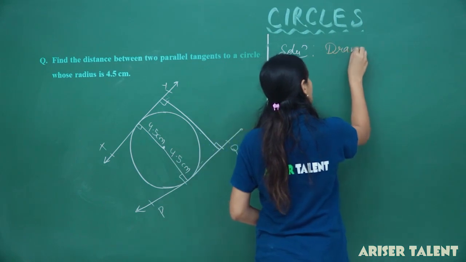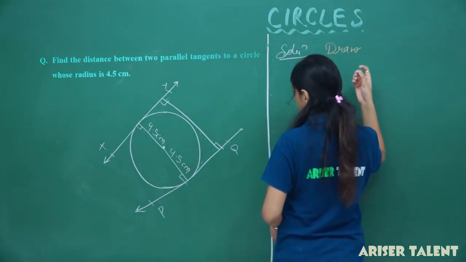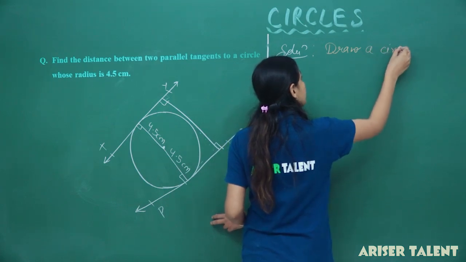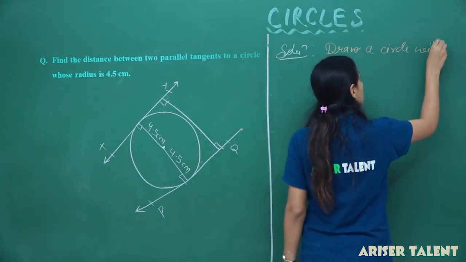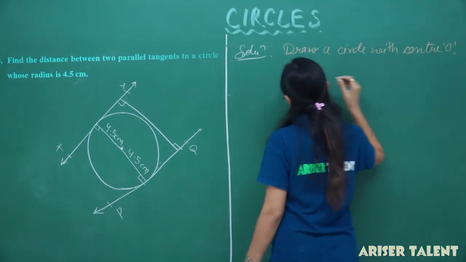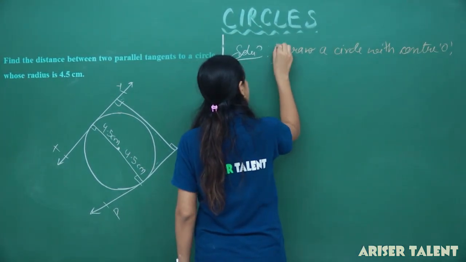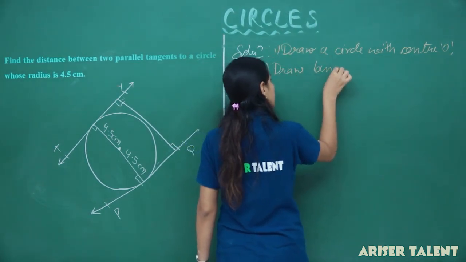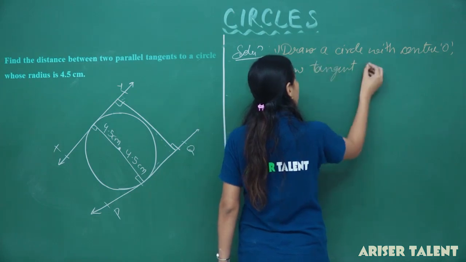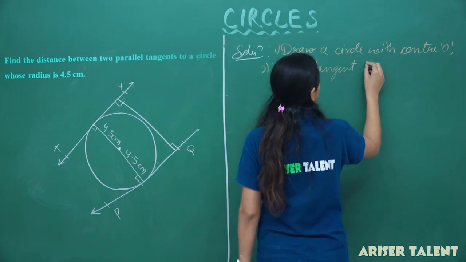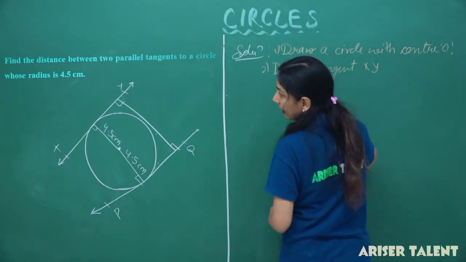Draw a circle. I am writing this construction only for you. Draw a circle with center O. Second, draw tangent, this is XY, right?